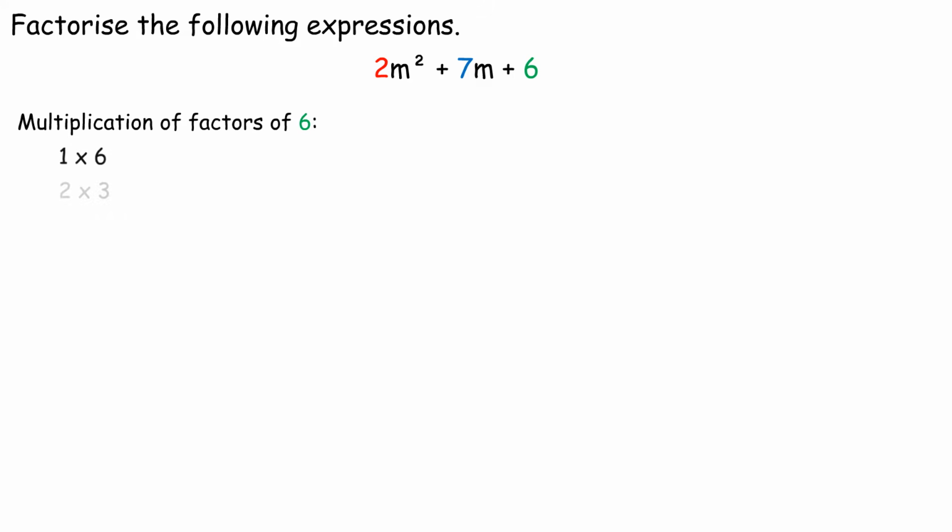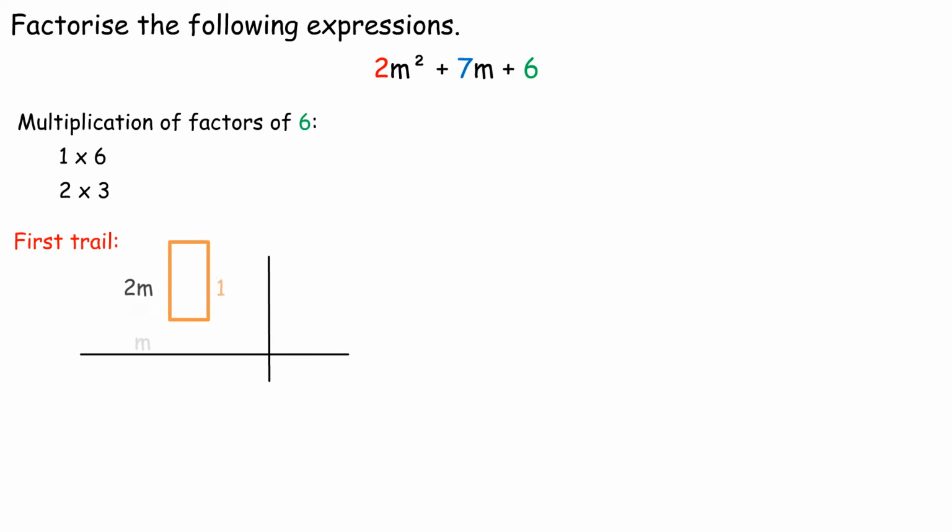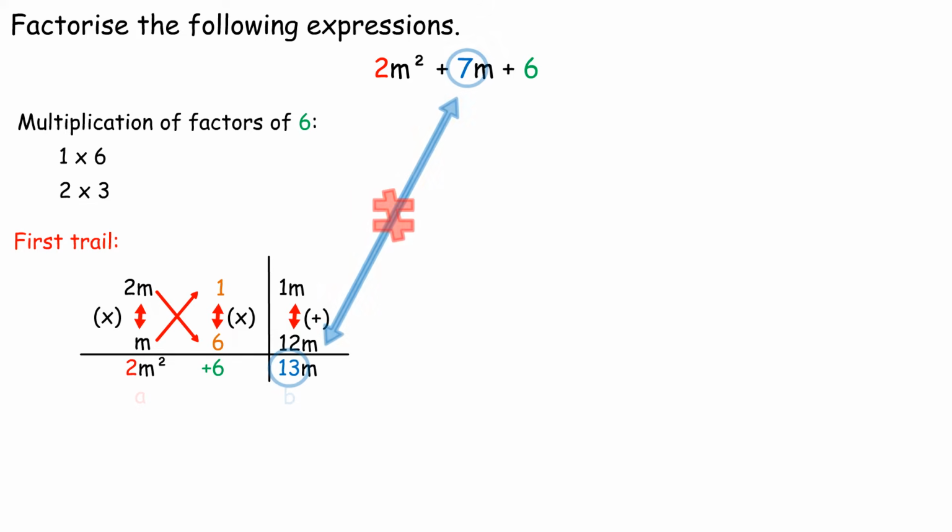Factorize the following expressions. 2m squared plus 7m plus 6. Multiplication of factors of 6. 1 times 6, 2 times 3. First trial. Incorrect.